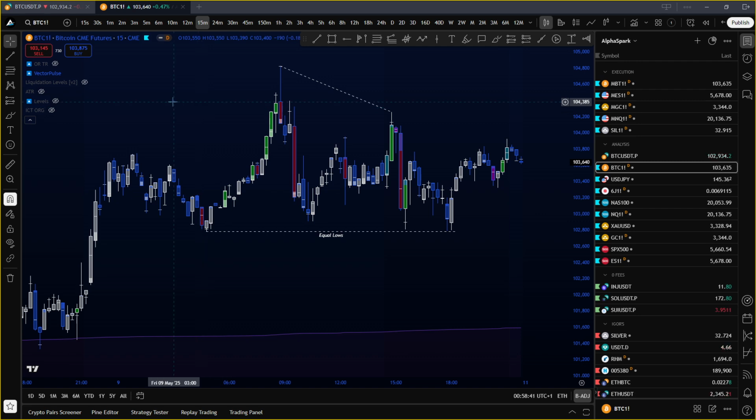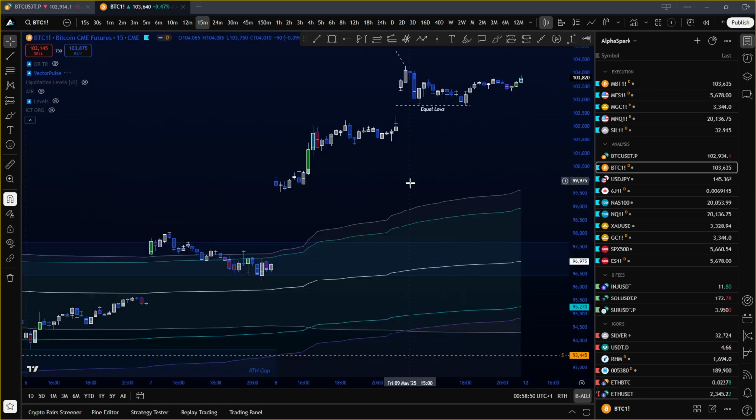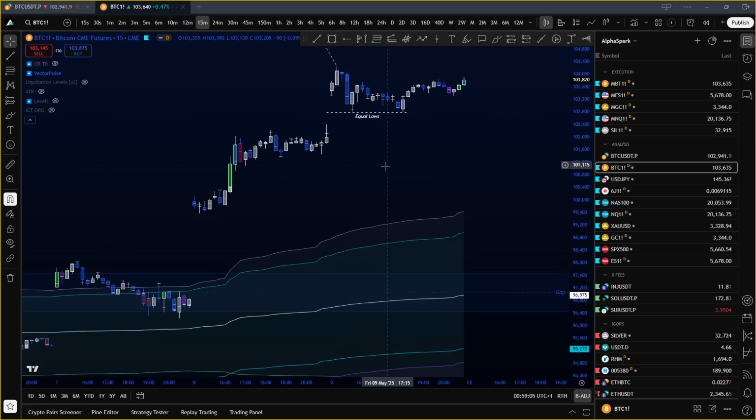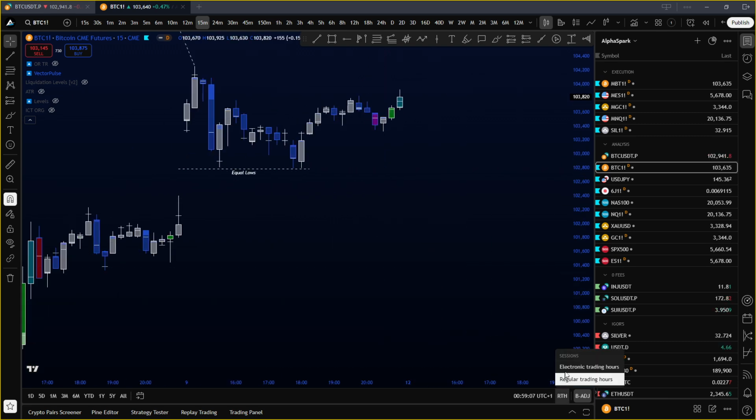Talking about the RTH gaps, I just remembered these. We're still going to have them when we open up on Monday. You see that line over there, the diagonal one?